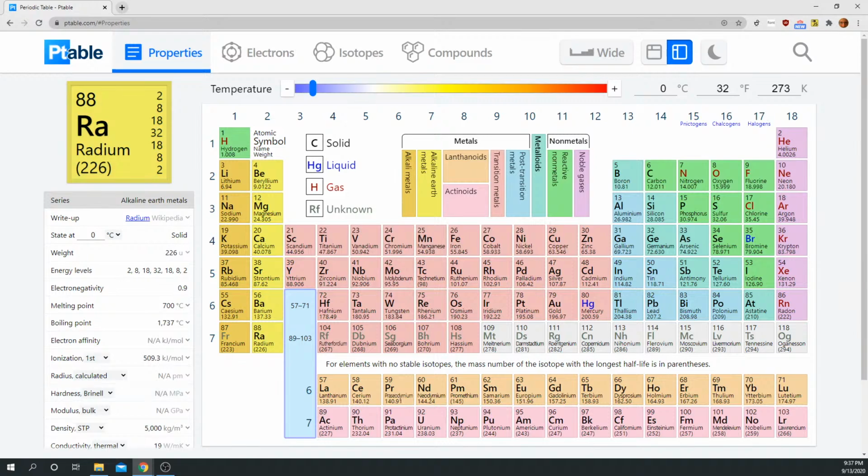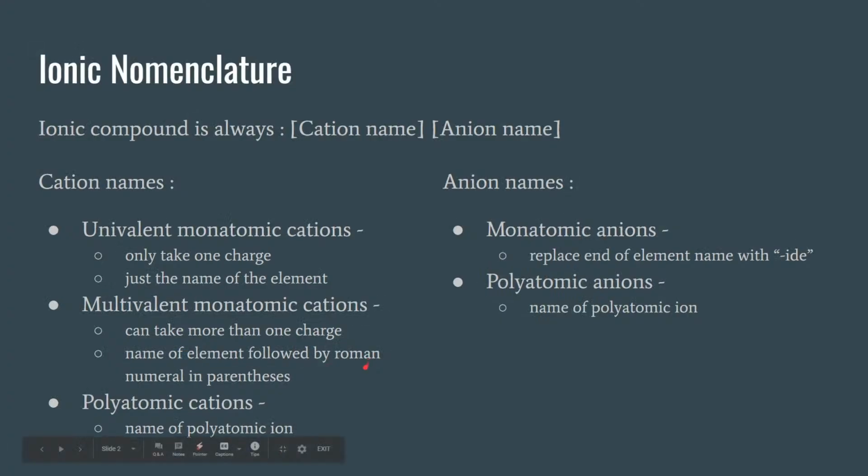With the univalent monatomic cations, that is to say, the first two columns or the staircase, you just name the element, and that's the name of the cation. But for the multivalent ones, you name the element and then use a Roman numeral in parentheses to name the cation.